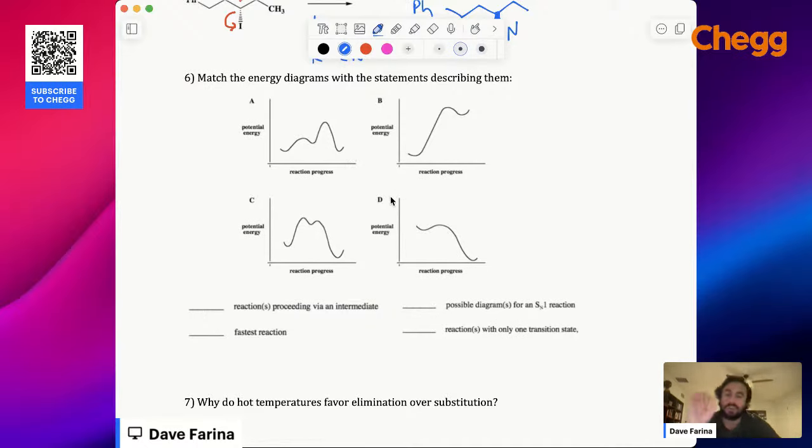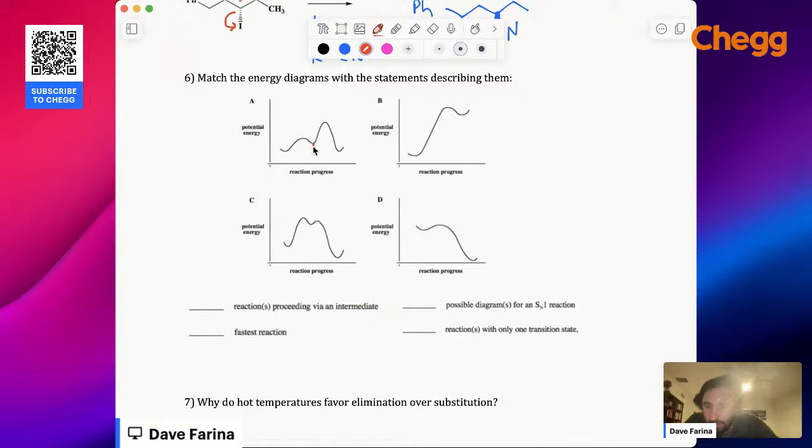But if there is truly an intermediate, remember, a transition state is not an intermediate. A transition state is an orientation that is reached for an infinitesimal moment on the way to products. An intermediate is a truly isolatable structure. So there has to be a dip down, a little stable valley. That is an intermediate.